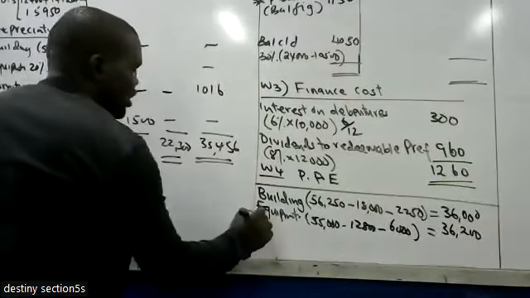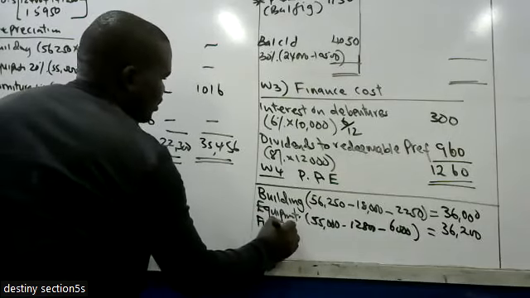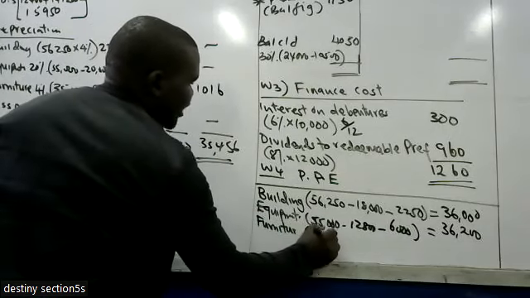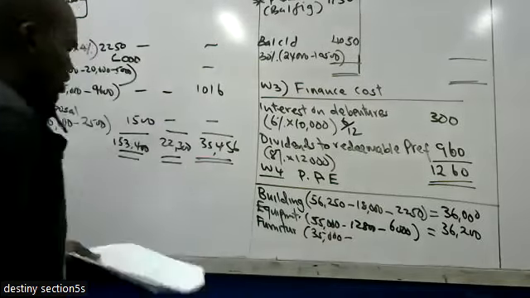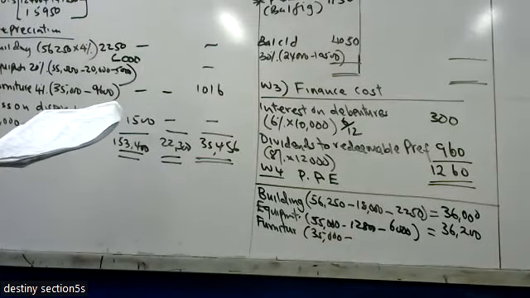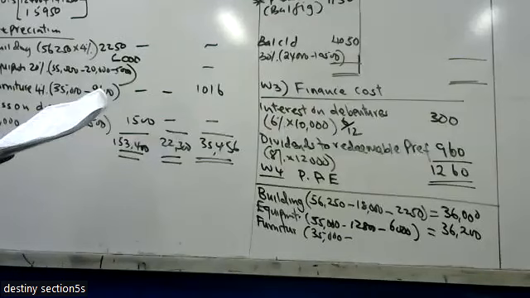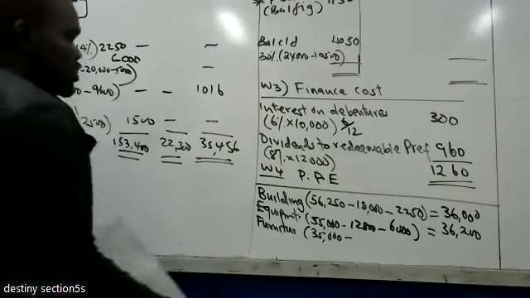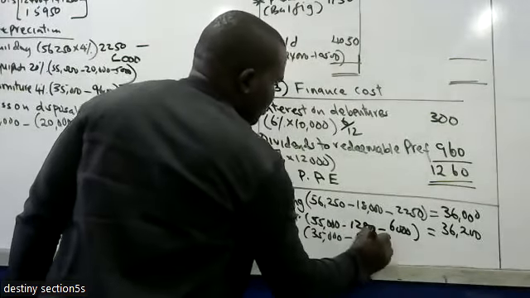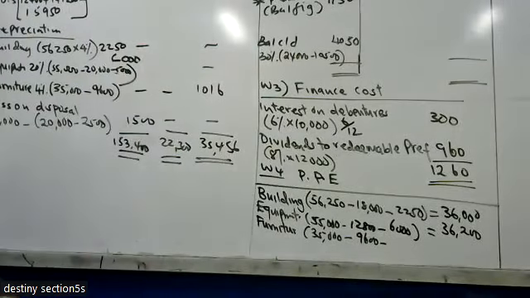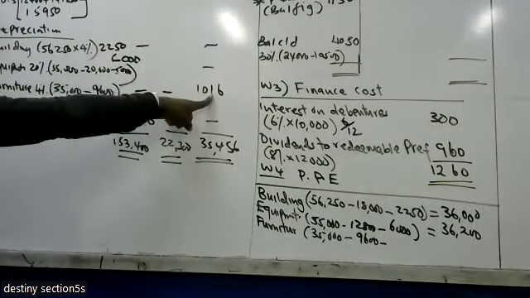Then at furniture, the cost was 35. Accumulated depreciation on furniture. Accumulated depreciation was 96. Then depreciation on furniture, we got 1016.